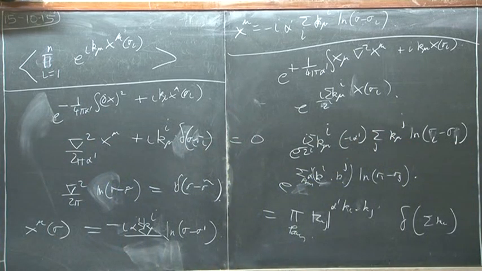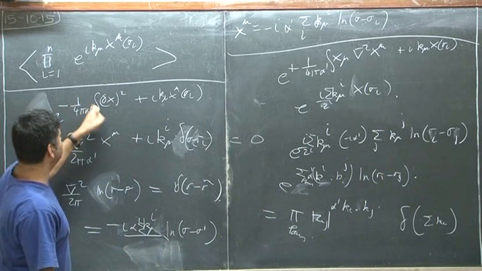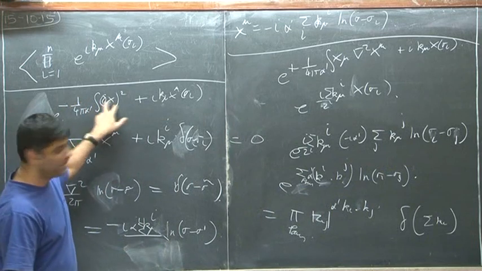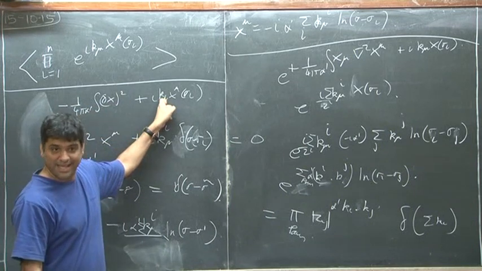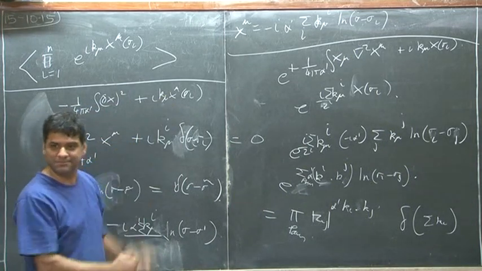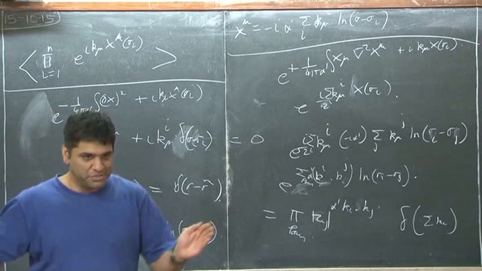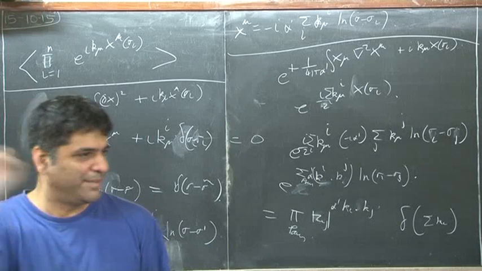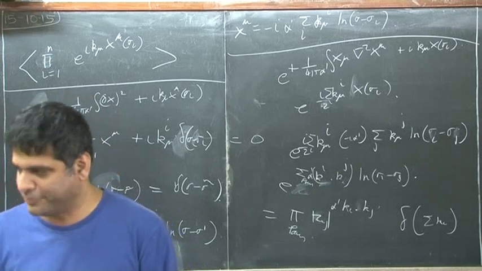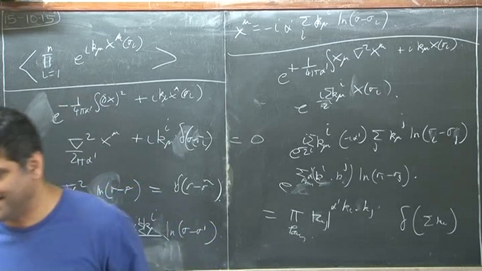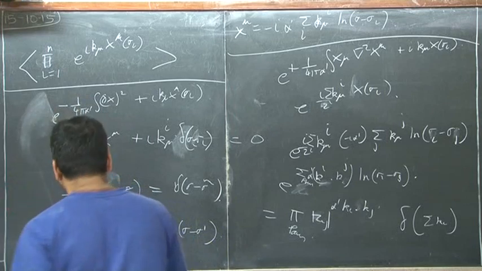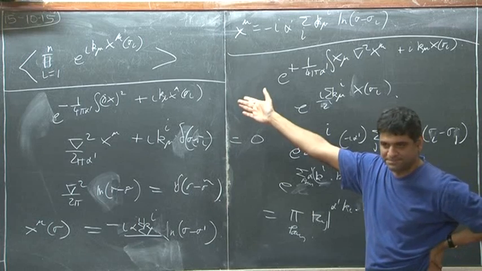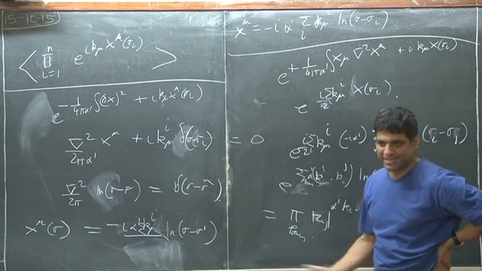Because the zero mode vanishes from here, but appears in this as k times x0. So the entire dependence of the zero mode is e to the power summation of ki times x0, and doing the integral over the zero mode will therefore give us the delta function. Just momentum conservation will be ensured by the integral over the zero mode.